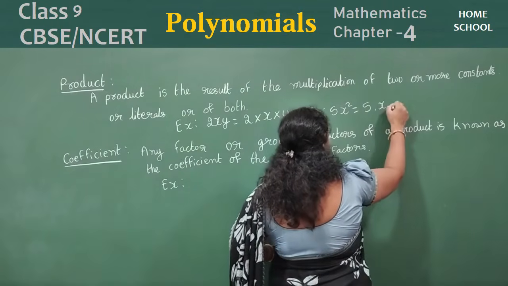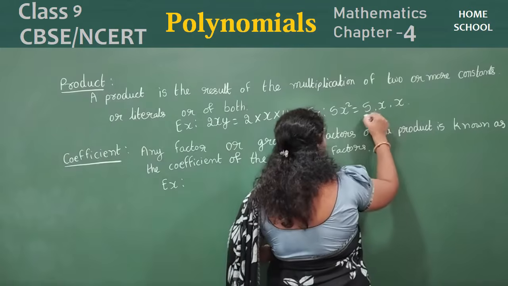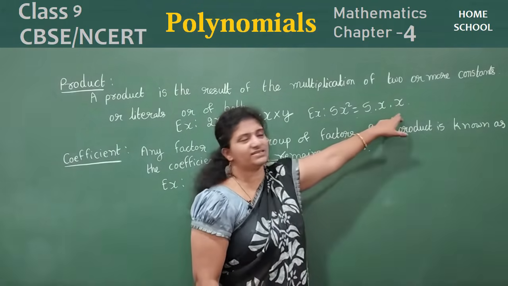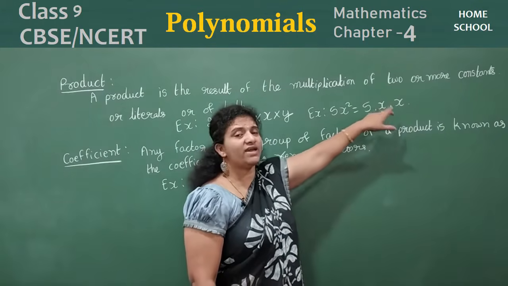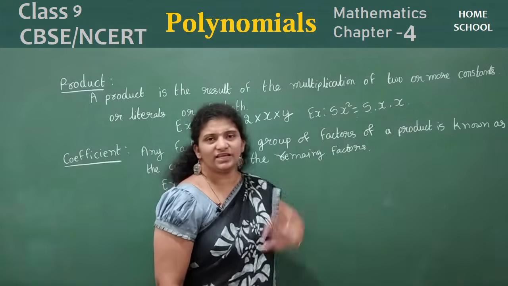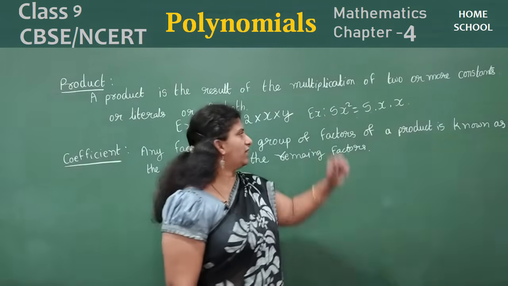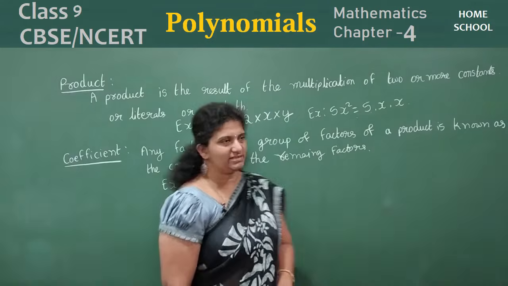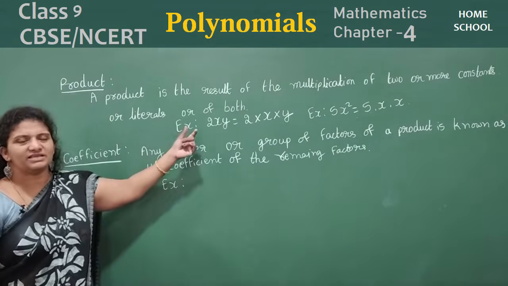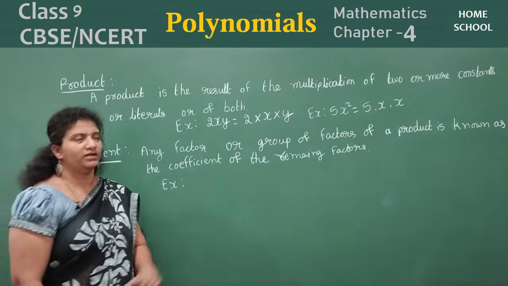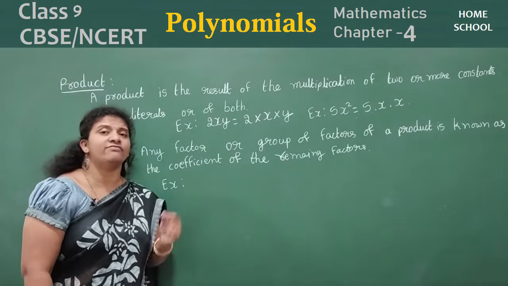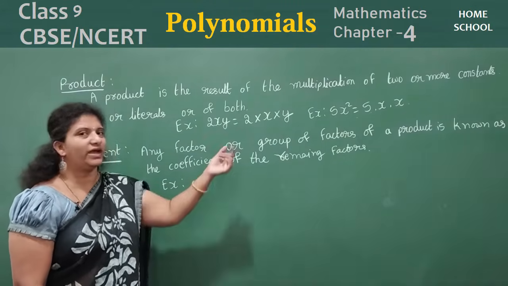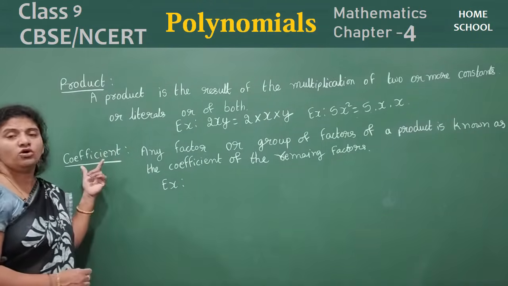If two same literals are multiplied, x into x, we get x square. 5x square is the product of these constant and variables. When we multiply these, we get the product, and those are all called the factors. If we multiply the factors, we are going to get the product.